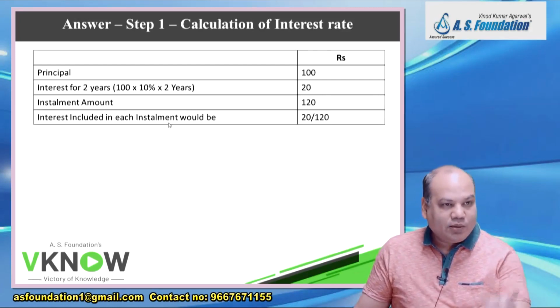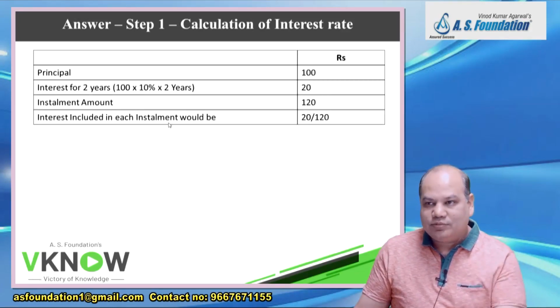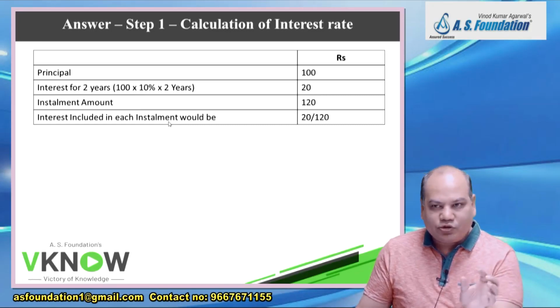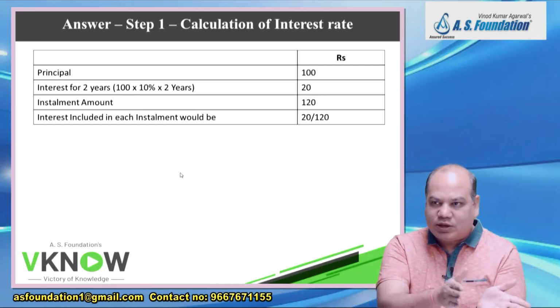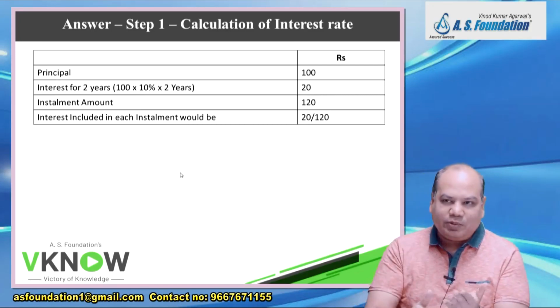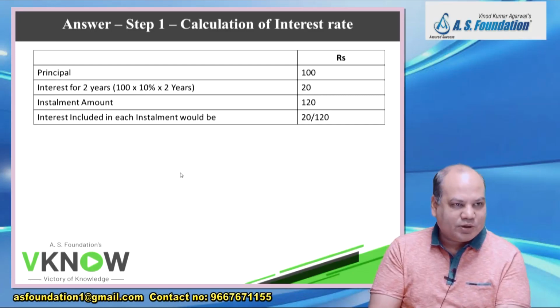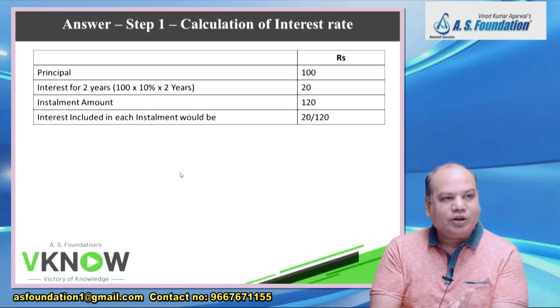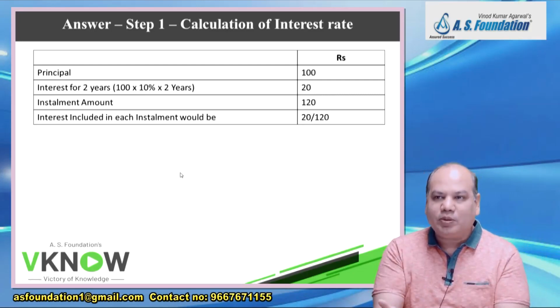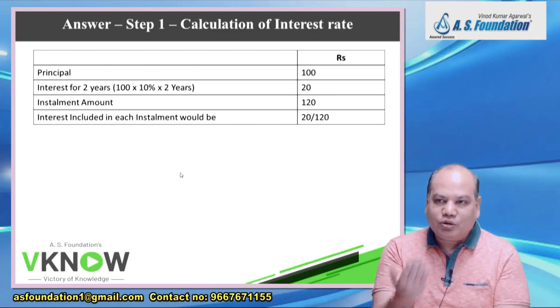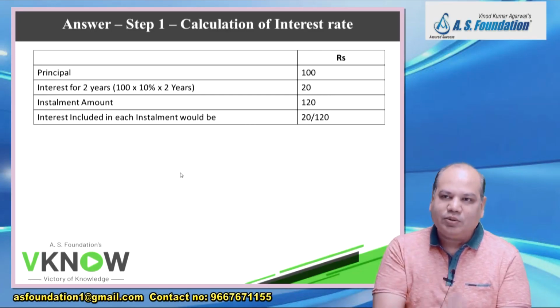This time the gap between two installments is 2 years. So we first check what will be the applicable interest for 2 years. In the previous problem it was half year, so we did 10 divided by 2. It became 5%, and then to find the interest we took 5 by 105. Now for 2 years, what will be the interest? 20. To find the interest included in the installment, we will take 20 by 120.